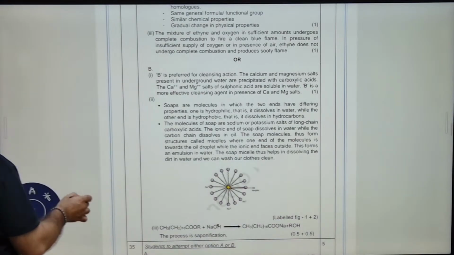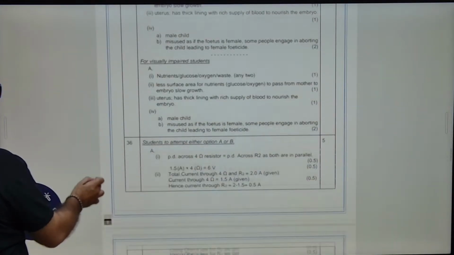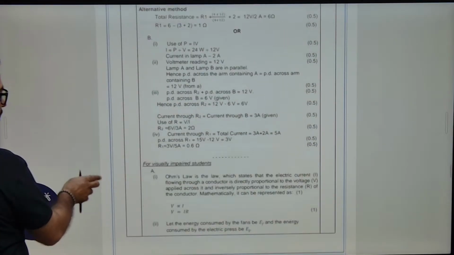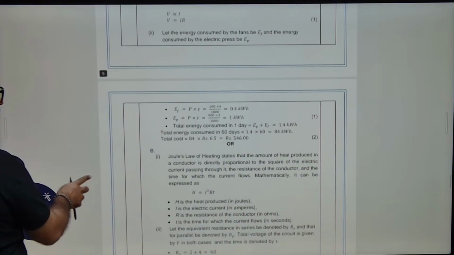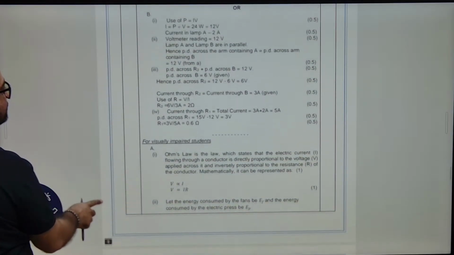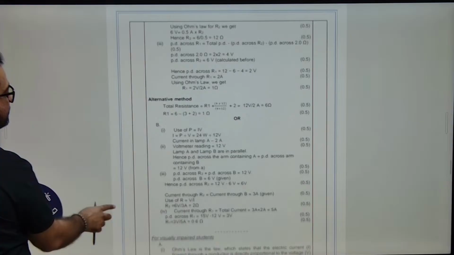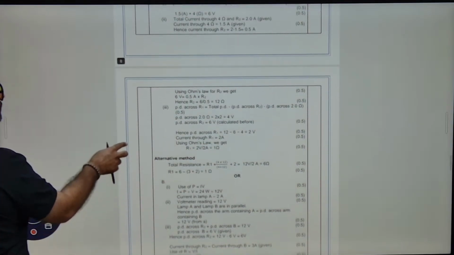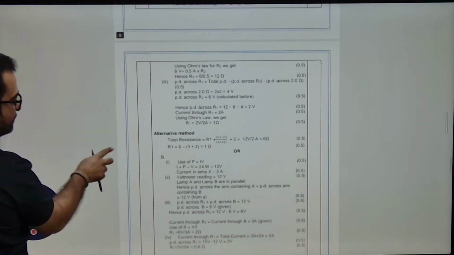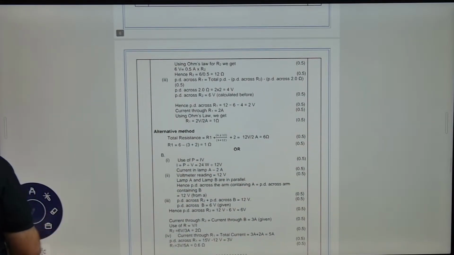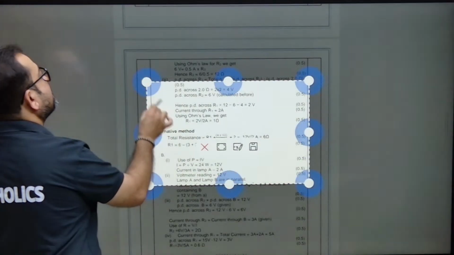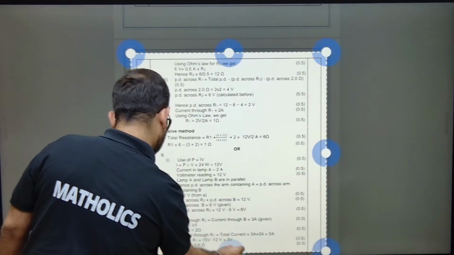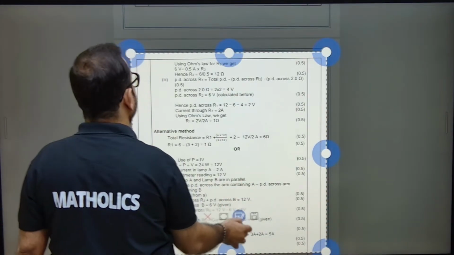Let me get the solution first. 36, theoretical part I cannot write. Okay, this is the solution.